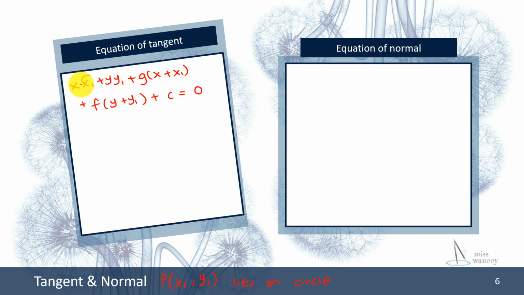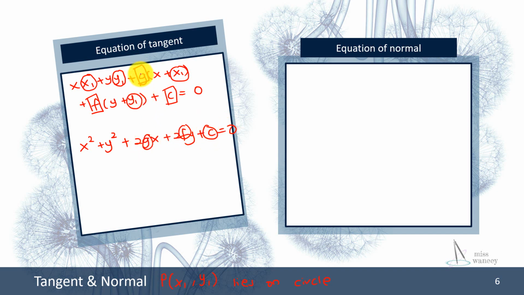We're going to substitute x1 here with the x coordinate of P, and y1 here with the y coordinate of point P. Meanwhile, g, f and c come from the equation of the circle, x squared plus y squared plus 2gx plus 2fy plus c equal to 0. So we are going to take out the value of g, f and c, and use them here.